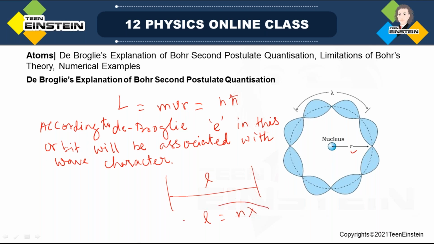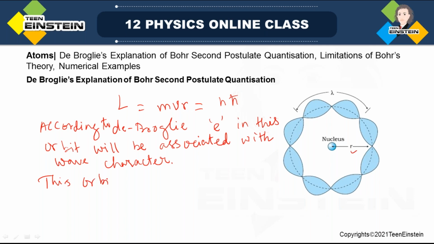So if we apply this condition for stationary waves to be produced in this orbit, this orbit will be considered as a stationary orbit.